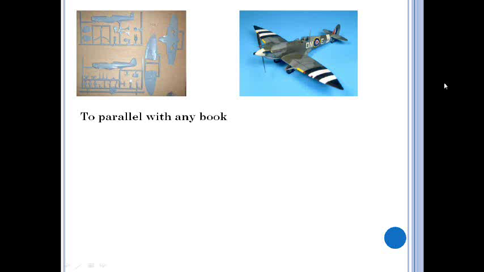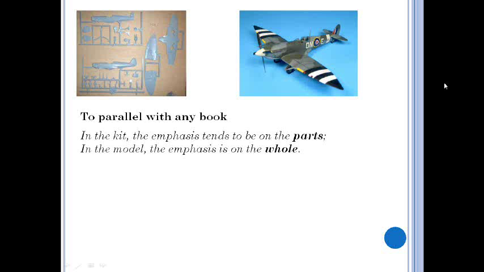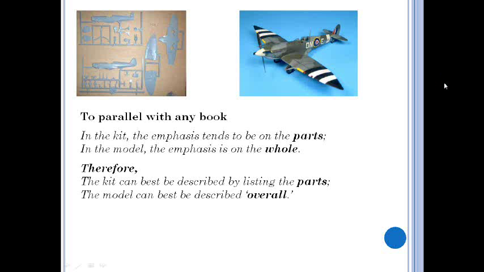To parallel the kit and the completed model with any book, let's revise briefly. In the kit, we have said that the emphasis tends to be on the parts, whereas in the model, the emphasis is on the whole. Therefore, the kit is best described by listing the parts, whereas the model is best described overall.